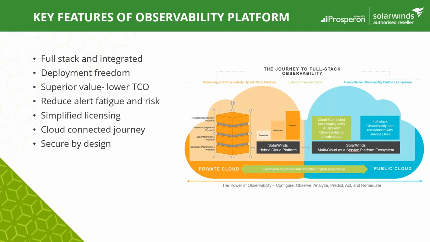With full stack and integrated, you're able to see across network, cloud, infrastructure, application, and databases. The second is deployment freedom, with flexible hybrid IT implementation from a data center to multi-cloud, whether self-managed, software as a service, or through an MSP.